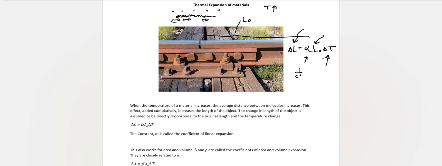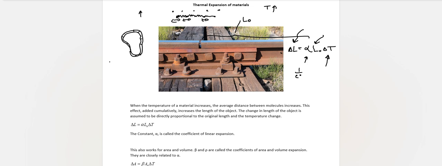Now, for surface area type of problems, if I had some sort of object here, and we looked at its surface area, if you heat it, and its temperature goes up, what happens is the object will expand in all directions. Now, you can't visually see it, all right? These are very, very small expansions, but they are measurable.